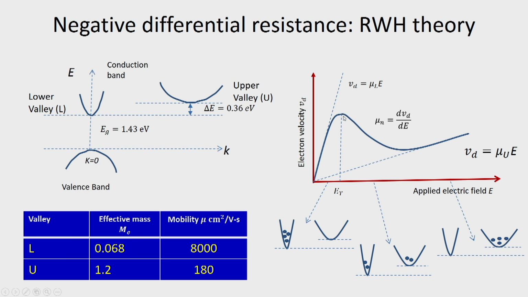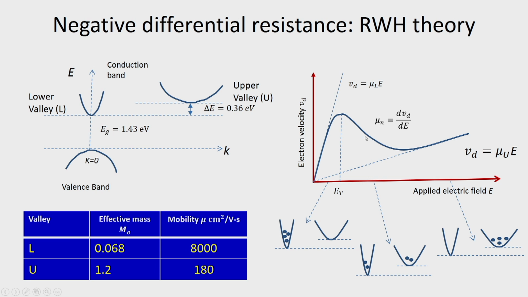In the intermediate region, we find that the drift velocity changes from a high value to a low value, and this rate of change of drift velocity with respect to the applied electric field gives negative differential mobility.